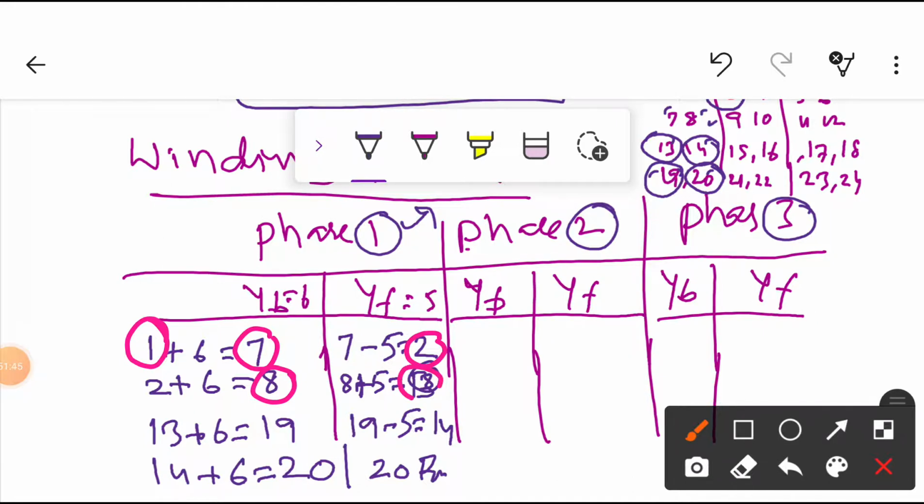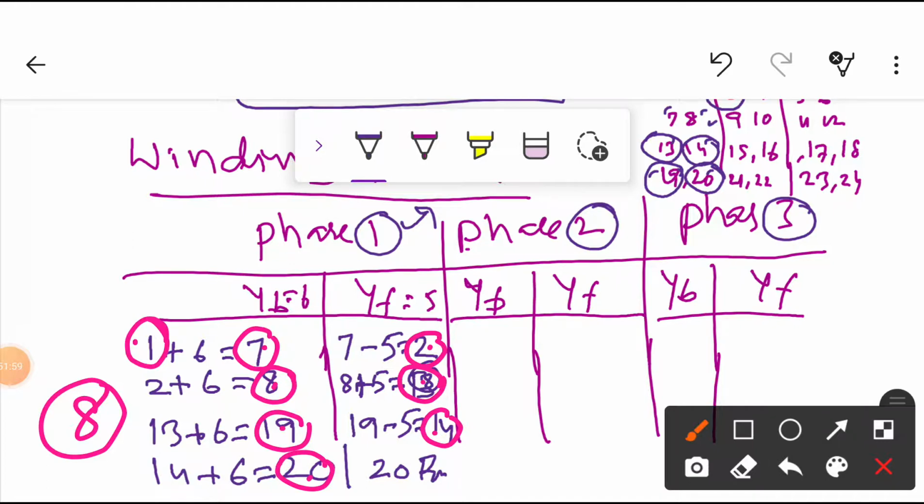Next, 13, 19, 14 and 20 are also completed. How many slots? You can count: 1, 2, 3, 4, 5, 6, 7, 8. Yes, 8 slots we completed under the influence of our phase. Okay, so here are the given connections. Similarly, you calculate the other phases.